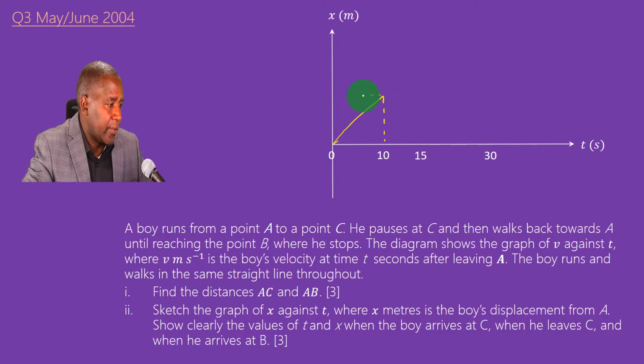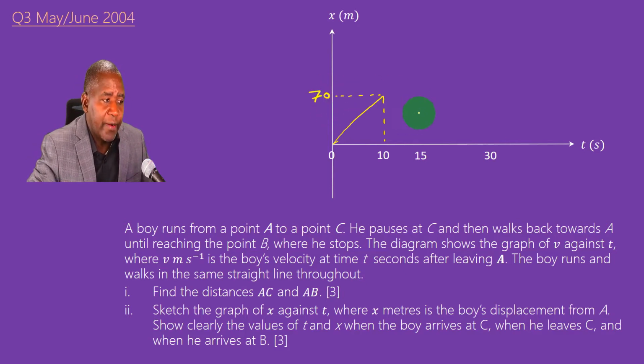And he covers a displacement of 70 meters and then stops, is not moving, so the velocity is 0. So since the velocity is 0, this one will be horizontal.